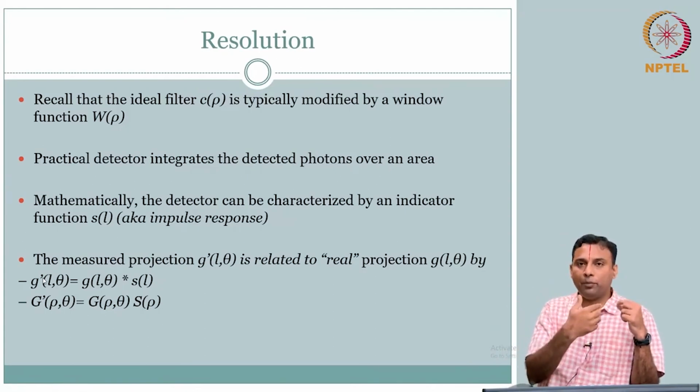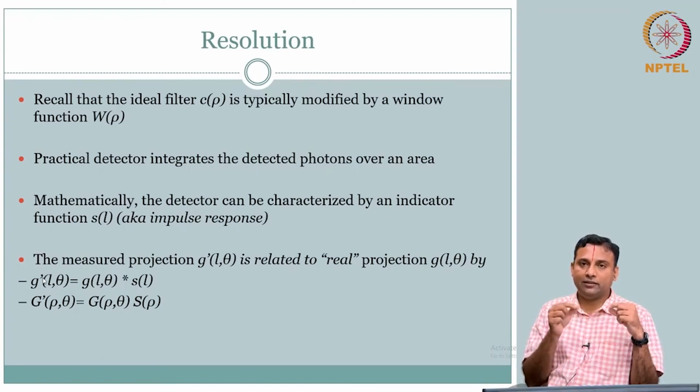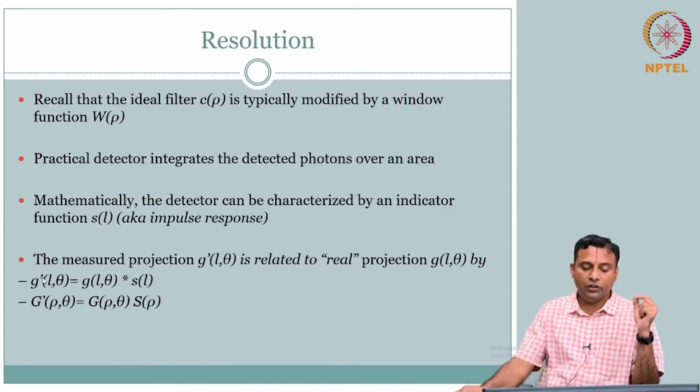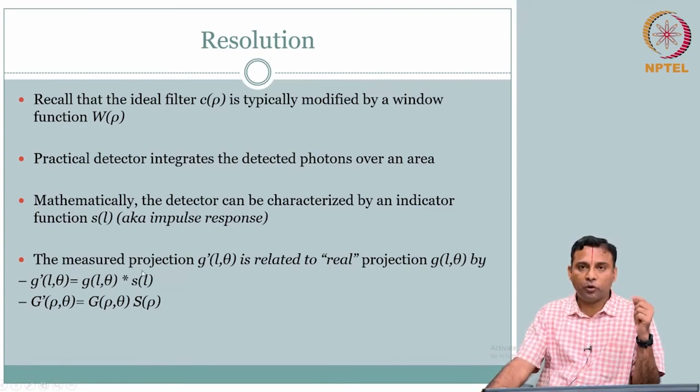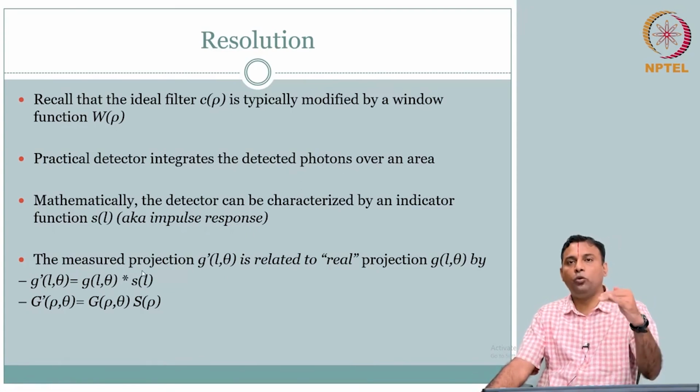You have an ideal projection, but because you are measuring using a finite detector and doing a filtering, essentially you can think about your projections as an estimate of the ground truth projections.